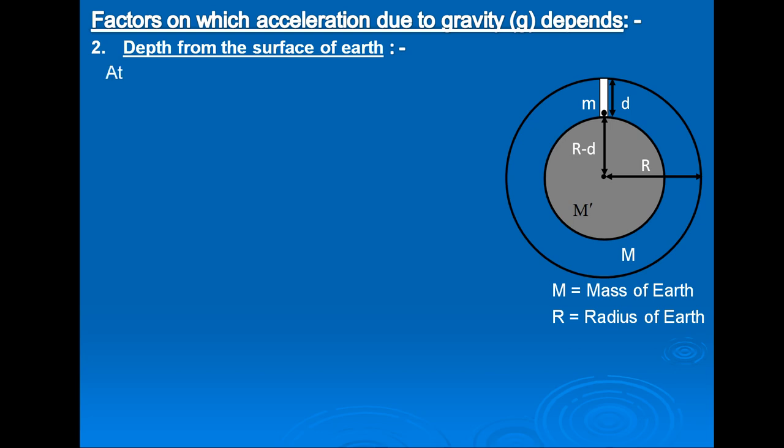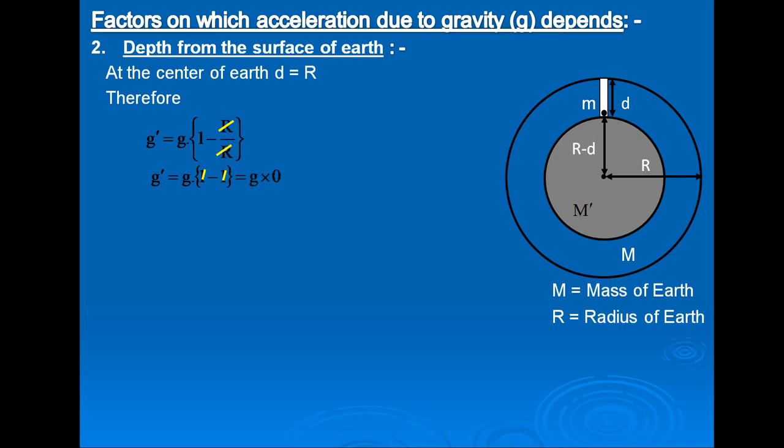Now, special case, at the center of earth, d is equal to capital R, the radius of earth. Therefore, from equation 5, we get g dash is equal to g into (1 minus R upon R). Again, R and R cancel each other. Therefore, g dash is equal to g into (1 minus 1) within the bracket. 1 and 1 cancel each other.